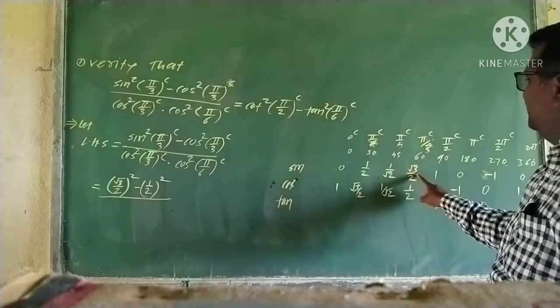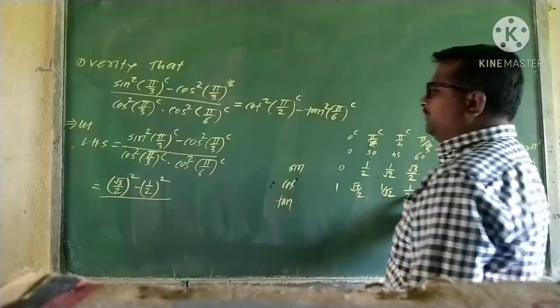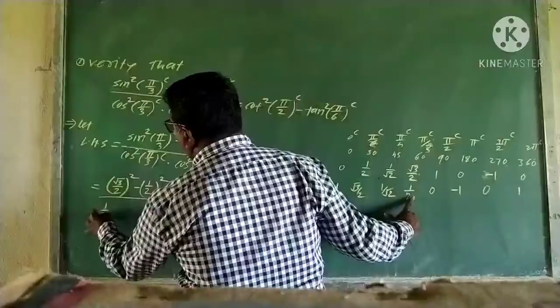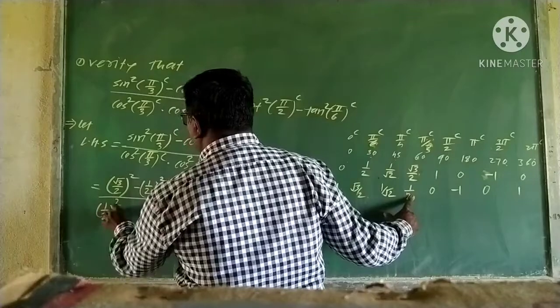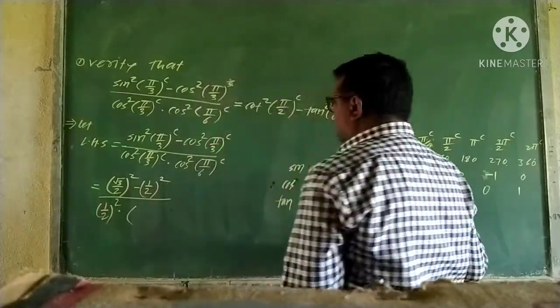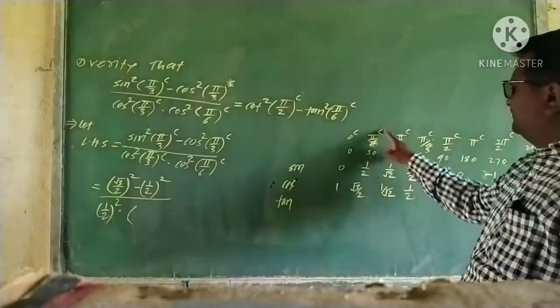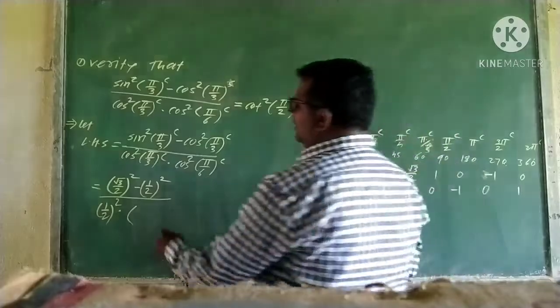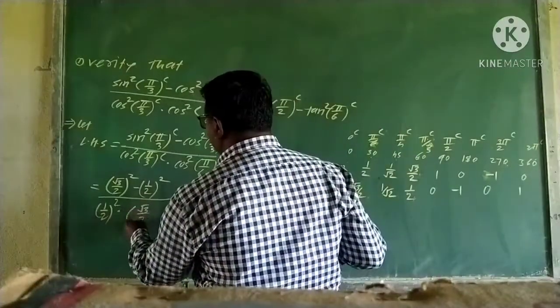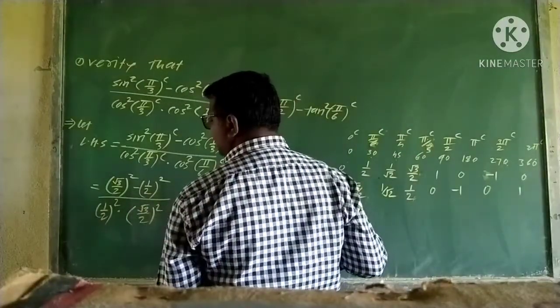Cos of pi upon 3 is equal to 1 upon 2, its square, into cos of pi upon 6, that is square root 3 divided by 2, its square.